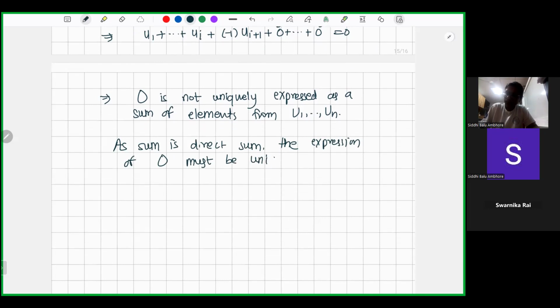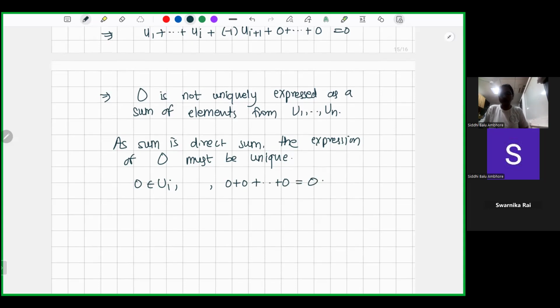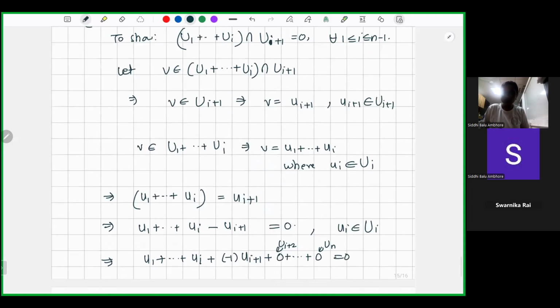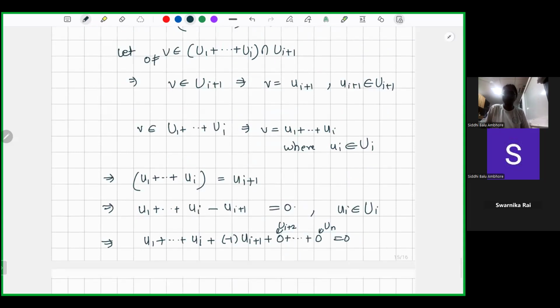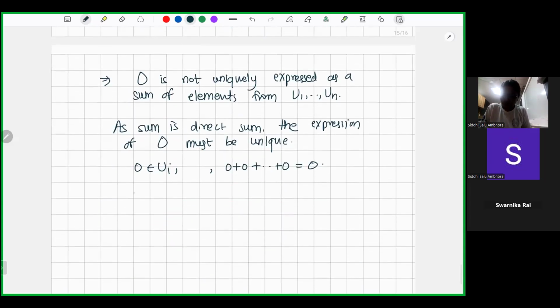And one expression for 0 is taking 0 from each ui, and then it is 0 plus 0 plus 0 is equal to 0. But now if this v is non-zero here, then we have another expression: this u1 plus ui plus this minus ui plus 1 plus 0 from everything.